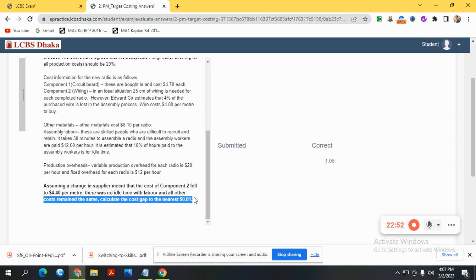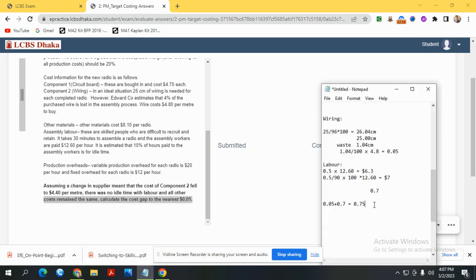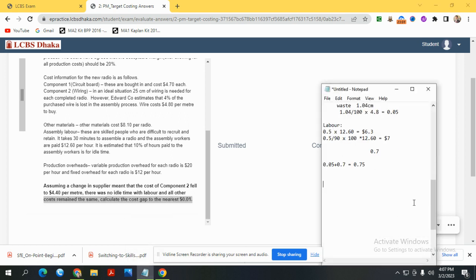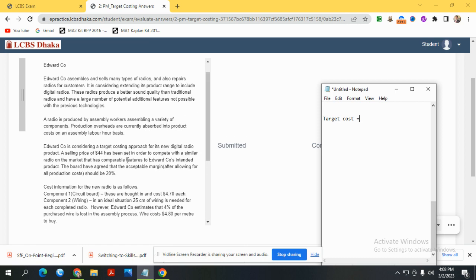All right, ঠিক আছে. So let's do this. So তারা চাচ্ছে cost gap. So cost gap এর সময় আমার কি লাগবে? আমার first of all obviously জানতে হবে আমার target cost. Section target cost কোথায় আছে? If you look at here, ওরা আমাকে selling price দিয়ে দিয়েছে, which is 44 minus আমার target profit. আমার target profit কি? 20% means আমার 20% margin on sales.